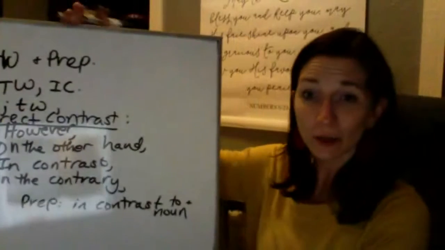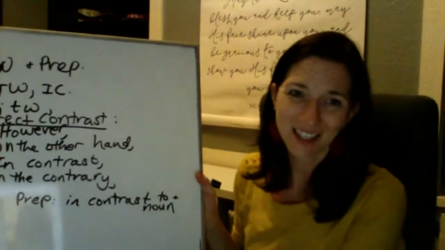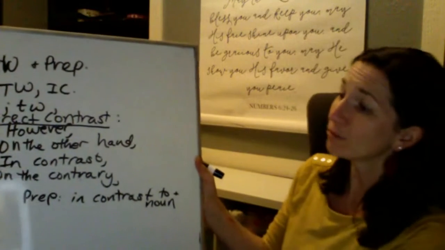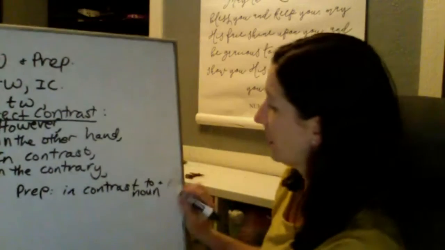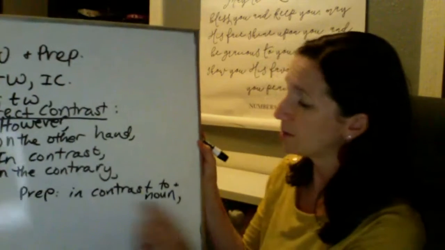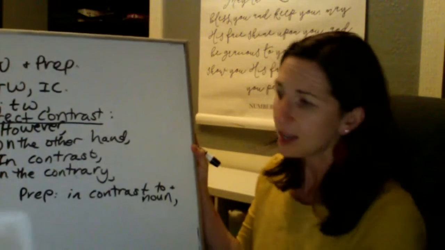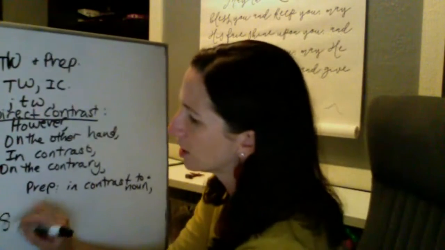In contrast to my sister, comma, I am very tall. It's not true, but in contrast to Michigan, it is very cold. So we're going to have a comma that comes after our noun when we have in contrast.